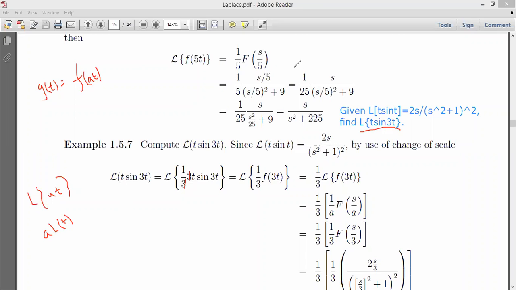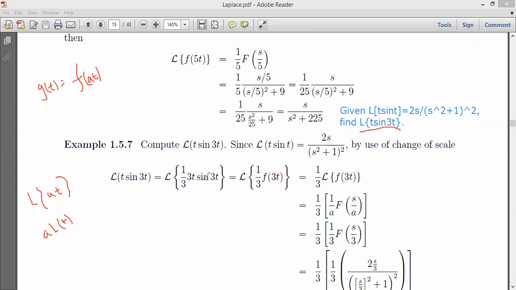So if I remove that, I have t sine 3t, but this t can be written as 1 over 3 times 3t. What I'm trying to do is to associate this with what we have, because we are looking for 3t, so that I bring in my change of scale that we discussed earlier.